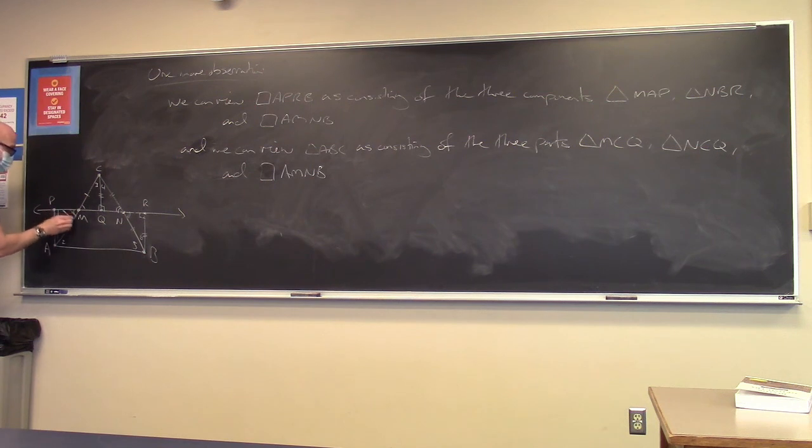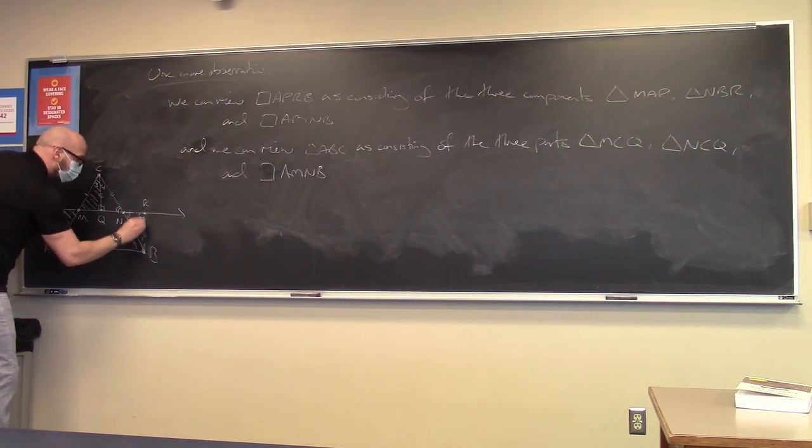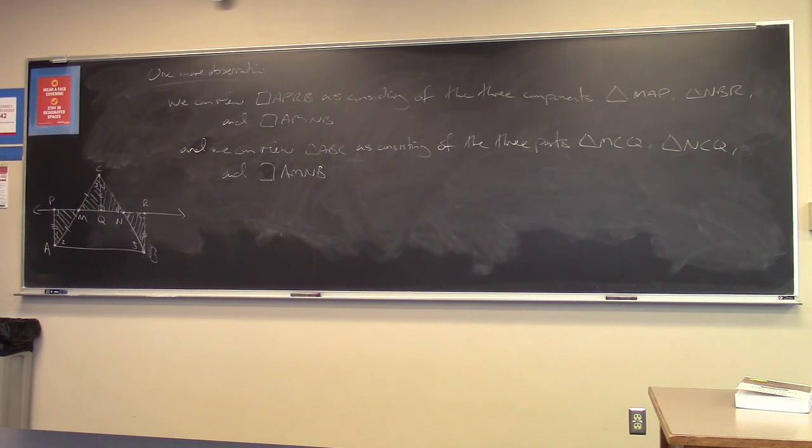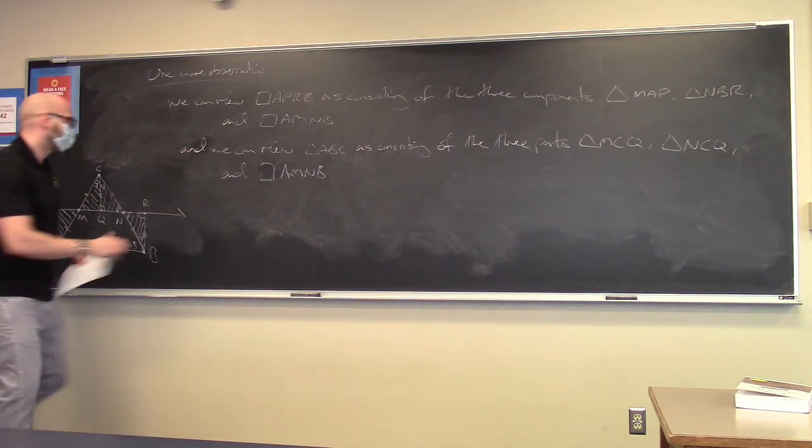But remember, this is congruent to this, and this guy is congruent to this guy. So up to congruence, these two shapes, the triangle and the quadrilateral, are really made of the same pieces, right? They're both made of this thing, and they're both made of these two triangles. Up to congruence, right? Not literally the same triangle, but congruent triangles.